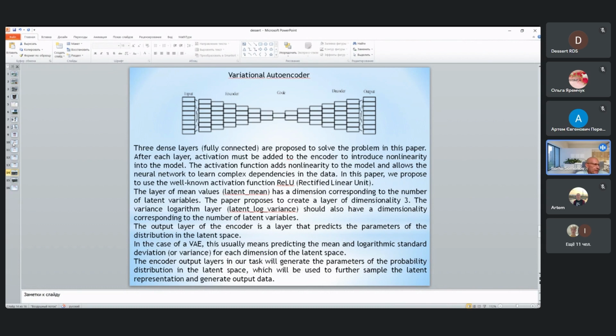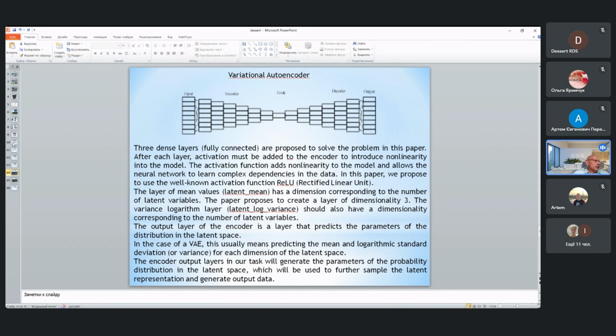In this paper, we propose to use the well-known activation function, rectified linear unit. The layer of mean values has a dimension corresponding to the number of latent variables. The paper proposes to create a layer of dimension three. The variance logarithm layer should also have a dimension corresponding to the number of latent variables.